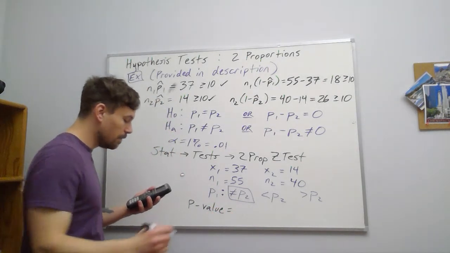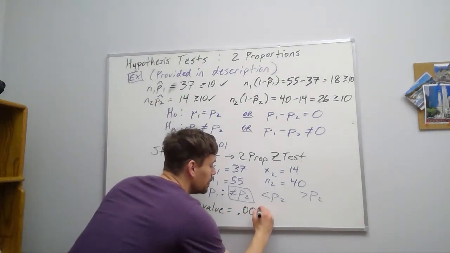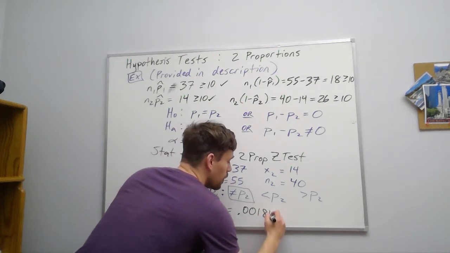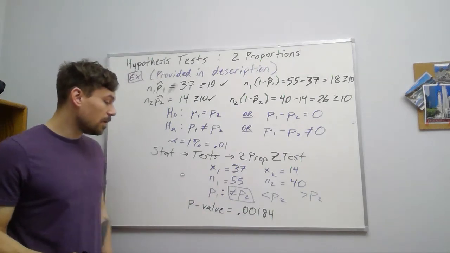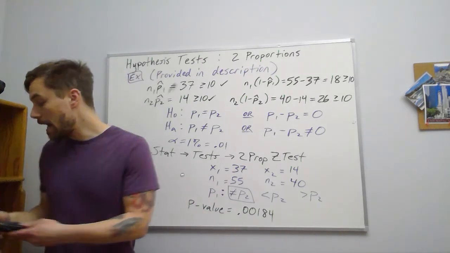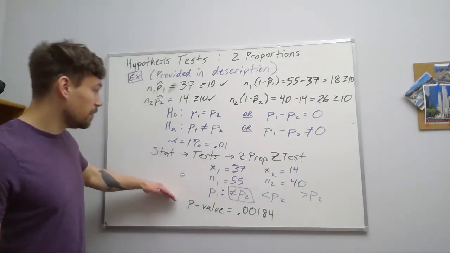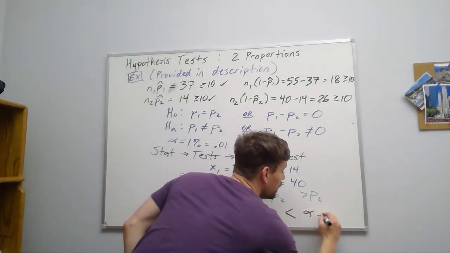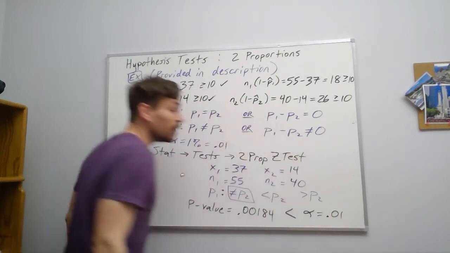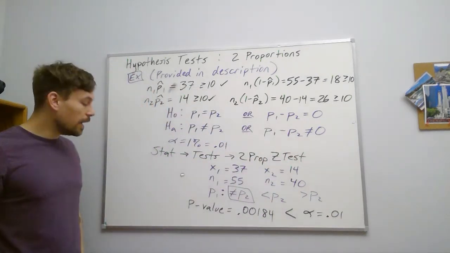Our p-value ends up being 0.00184, and that decimal keeps on going. We see that that's a very, very small p-value. First of all, we would want to compare it to alpha. That's definitely less than alpha, even though alpha was pretty small itself, 0.01.